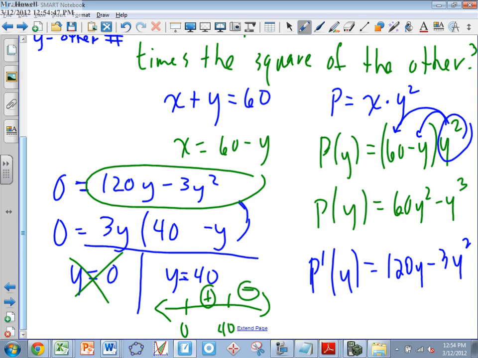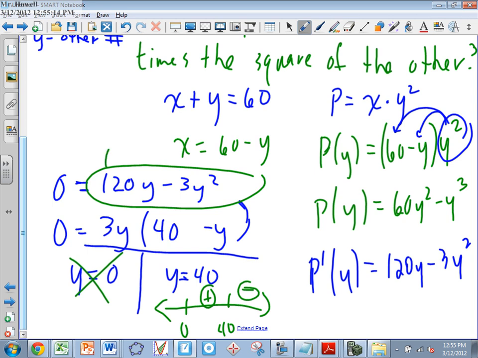Plug in a number like 50, which is above 40. A 50 here would give 6,000. This is going to be 50 squared, though. 50 squared is 2,500, and 2,500 times 3 is 7,500.